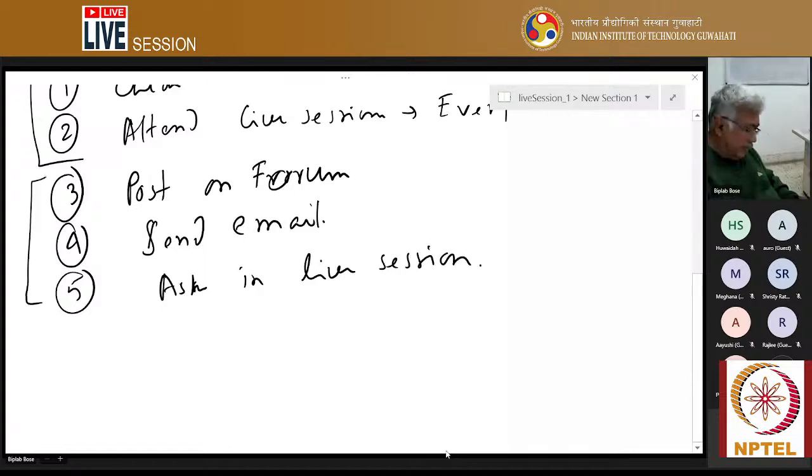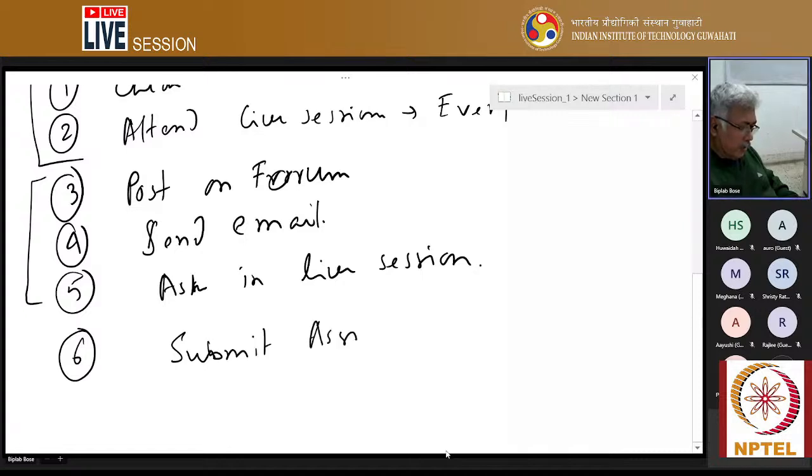And the sixth most important thing, submit the assignment. Don't miss a single assignment. Submit them. Even if you cannot answer all questions, try them. There's nothing wrong. And submit it.